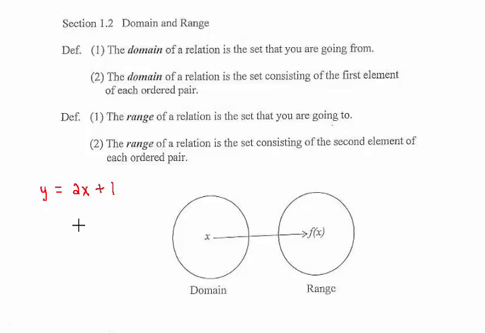And so we want to give the first set and the second set that we've been talking about names. We're given two terms here, domain and range, and the definitions are given to us. It says the domain of a relation is the set that you're going from. When we were graphing these lines in intro, we would pick a number for x, put it in our equation, and calculate y.